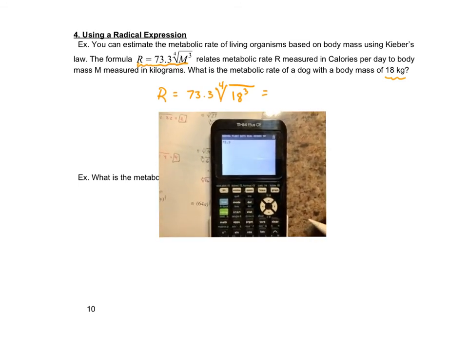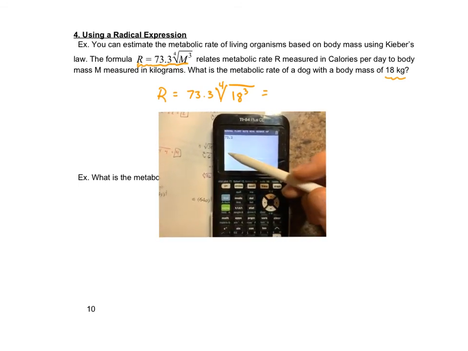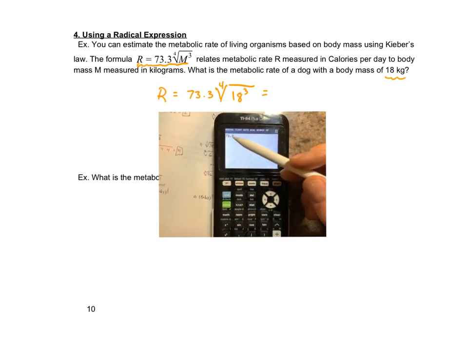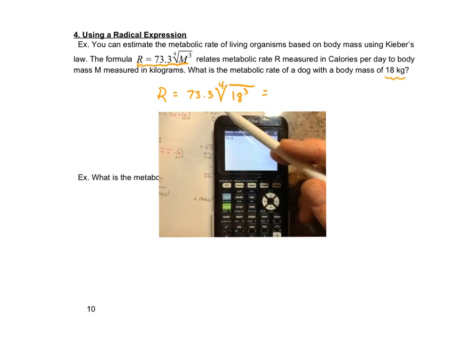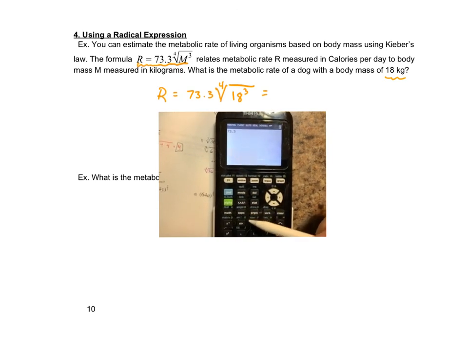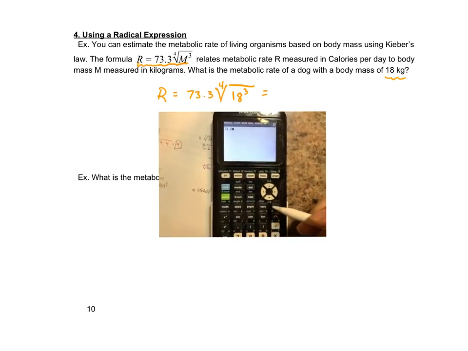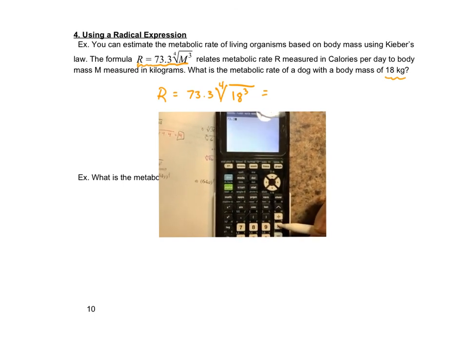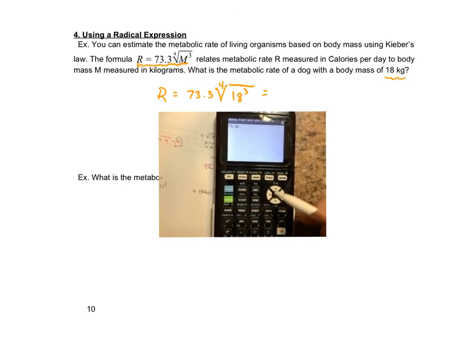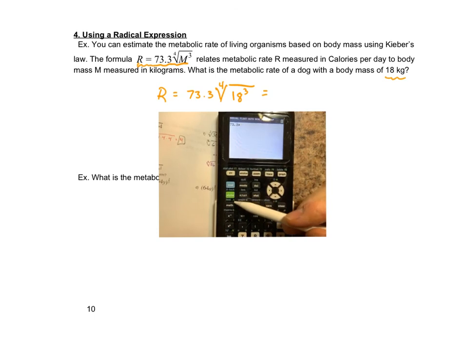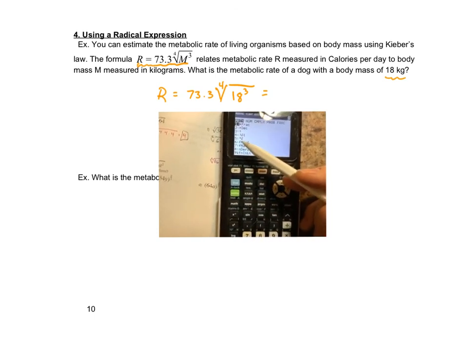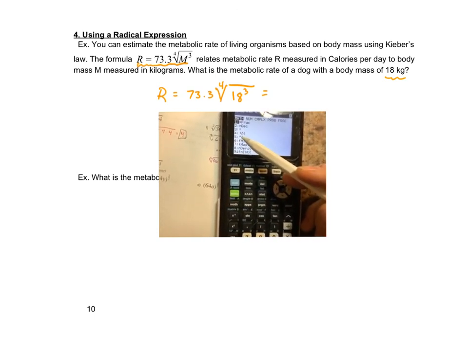Okay, so to get that in the calculator, we can type in 73.3. That is going to be the beginning of my equation, and that's going to be multiplied times the fourth root of 18 cubed. There are many ways to do this, but I'm going to hit multiplication, times. And now we're going to use this right here, which allows me to place in any root.